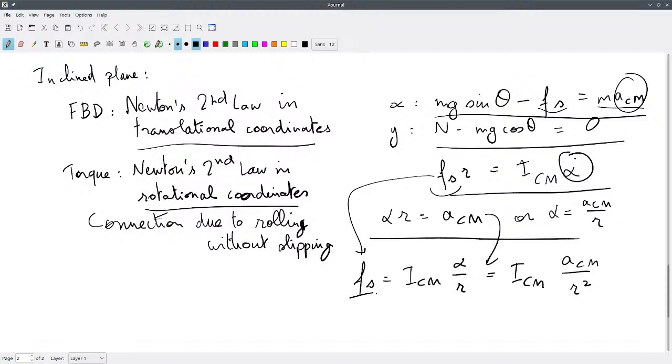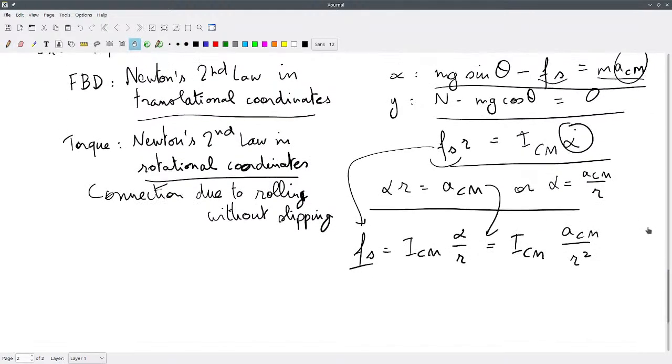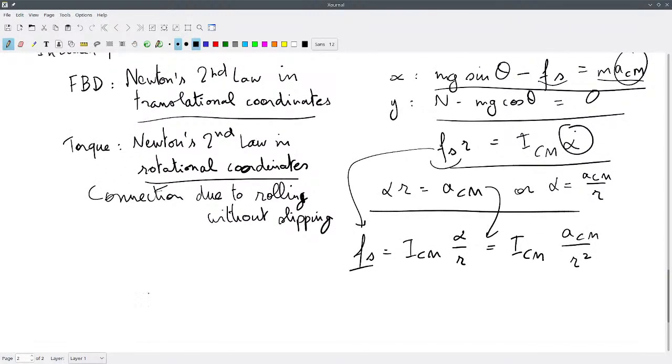So now that we have Fs, we're going to plug this into the equation for x, so that we have mg sine theta minus Fs, which is ICM ACM over r squared. That must be equal to mass times ACM.